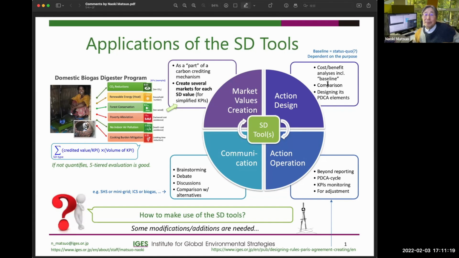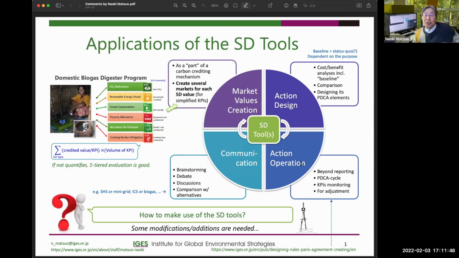And we have to have some comparison between several alternatives. And we have to design the PDCA cycle elements in the action. So in order to do so, such SD tools that provide good indicators to be monitored are a very important tool for this design, as well as the operation.